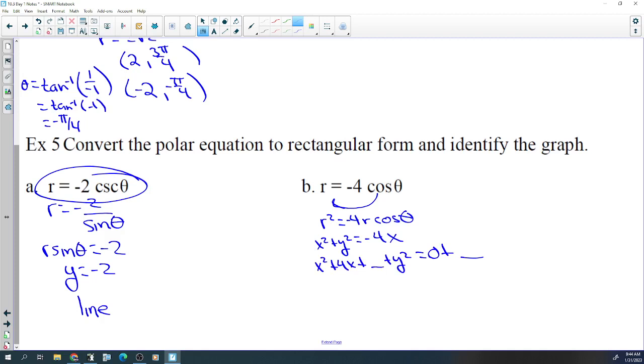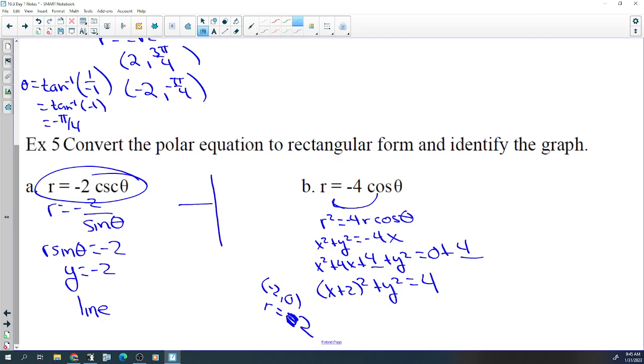So we add the 4x over, complete the square on the x, complete the square on the y, but the y already is a perfect square. So 4 divided by 2 is 2, 2 squared is 4. So x plus 2 squared plus y squared is equal to 4. Now that's a circle with center negative 2, 0, and a radius of, not 0, radius of 2.